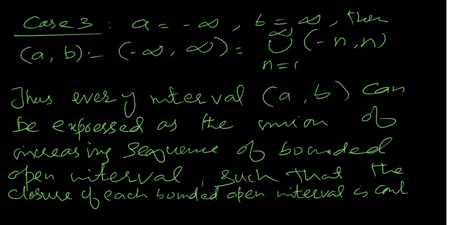So that means there are only finitely many points of discontinuity, because whenever there is a jump interval, there is a point of discontinuity, and whenever there is a point of discontinuity, there is a jump interval. So if there are only finitely many jump intervals of length greater than 1 over n, then for each natural number n, there are only finitely many points of discontinuity of the function f.